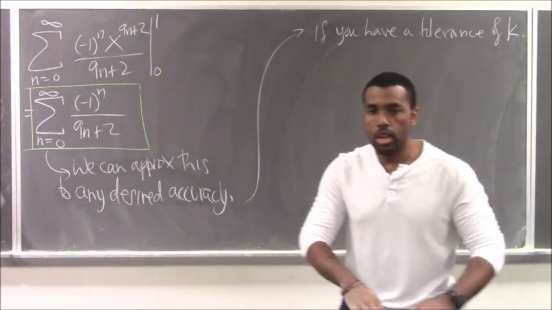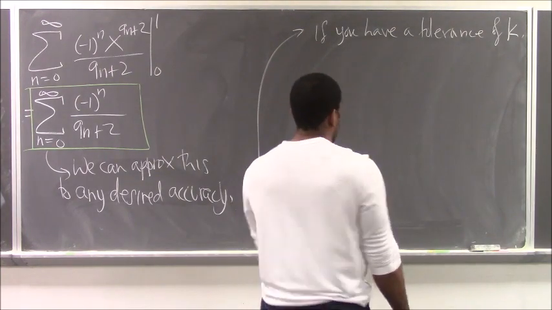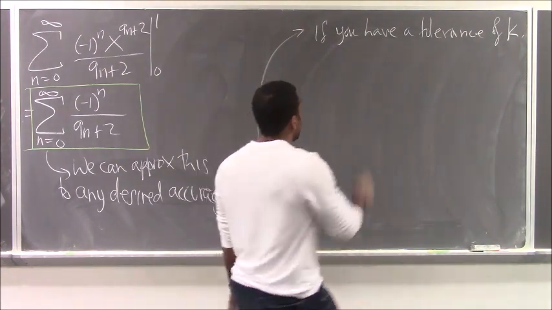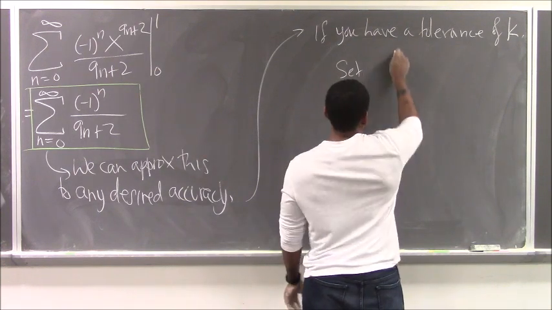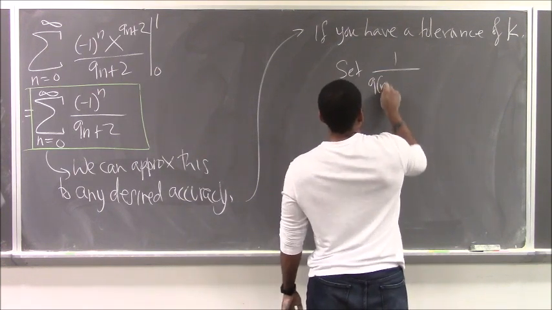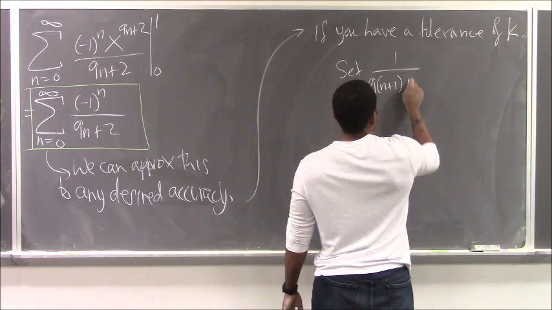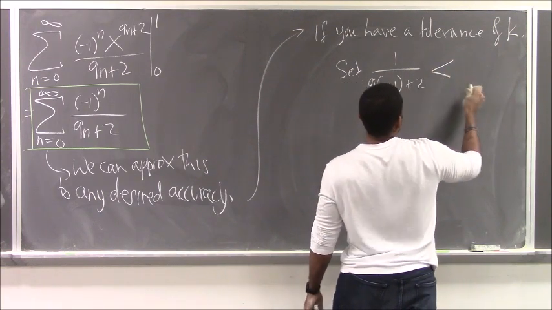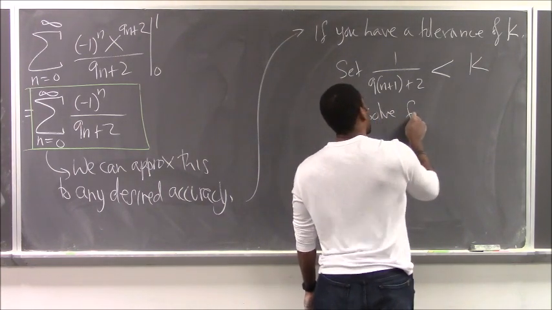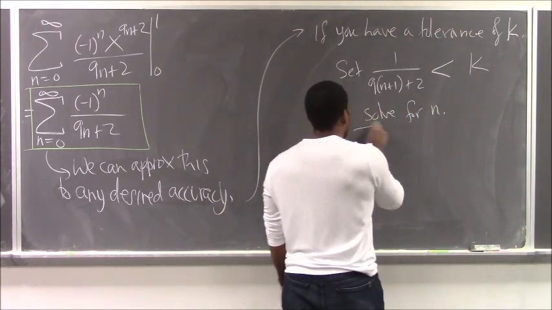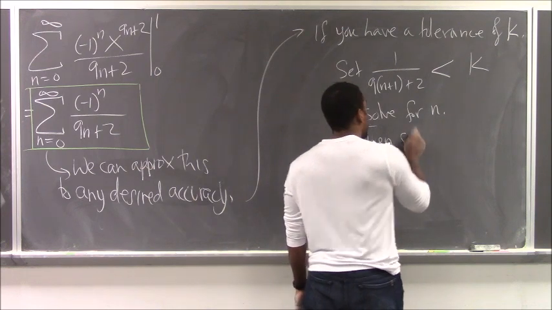I want to be 3 decimal places accurate or 2 decimal places accurate. What you can do is you can just set the n plus first term, 1 over 9 times n plus 1 plus 2, set that less than k, solve for n. Then sum that many terms.